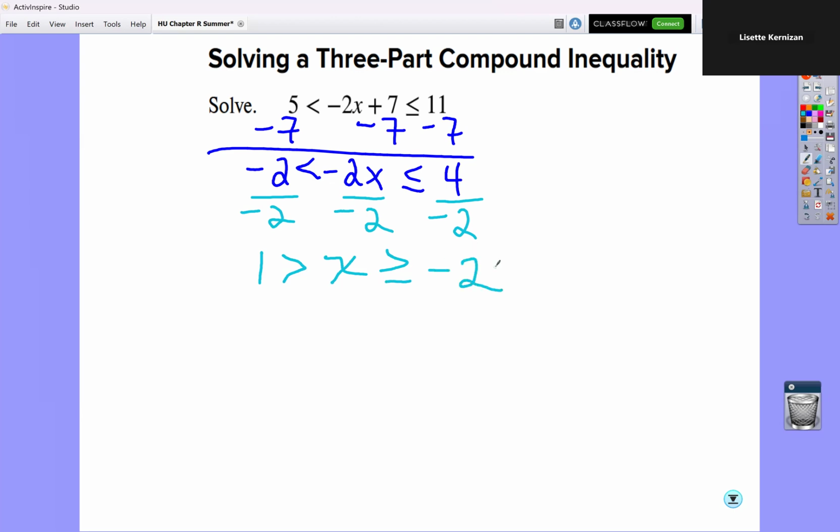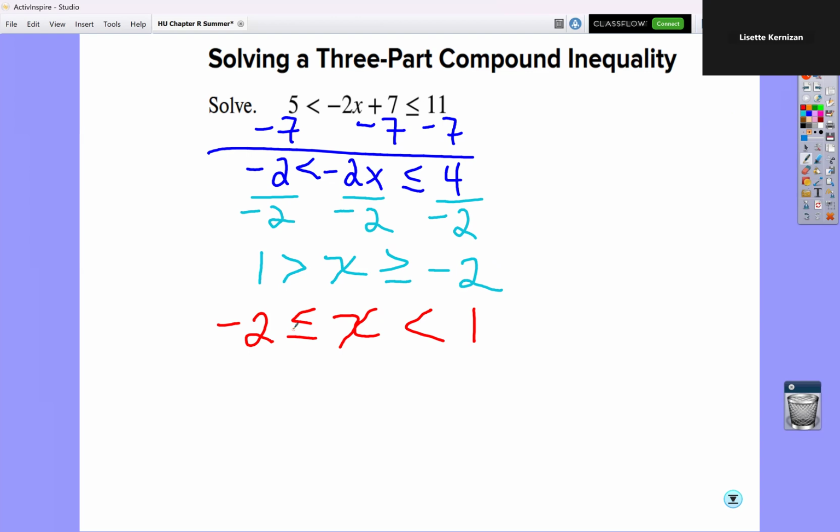So now part of the problem is if we try to graph this, it's a little backwards because -2 comes before 1. So for these types of problems, if I need to graph, I usually just flip it so that I have -2 first, the 1 here, x stays in the middle, and then the signs change. So we have less than over here with the 1, and then less than or equal to with the -2 and the x.